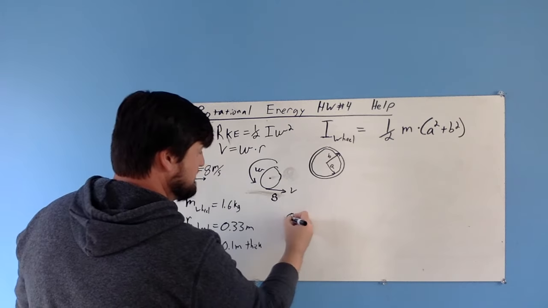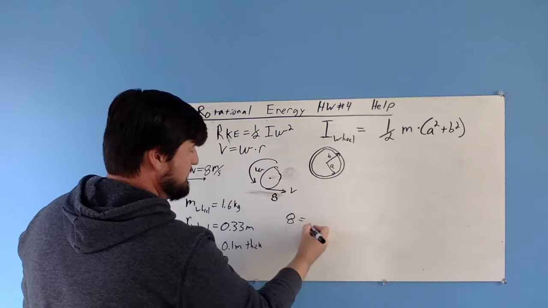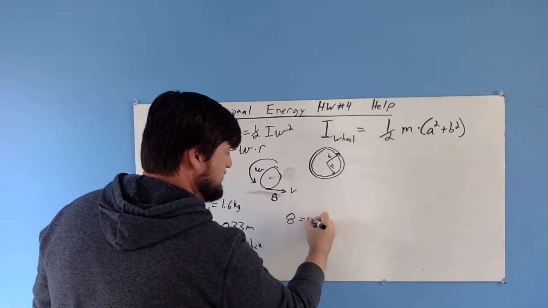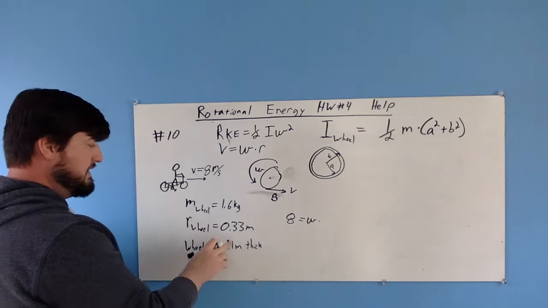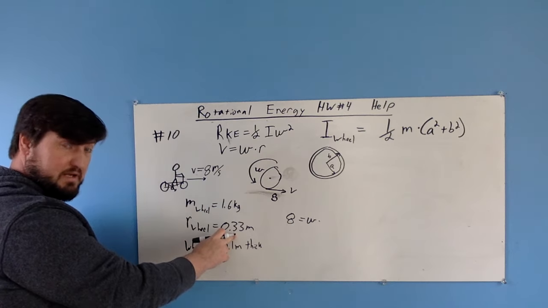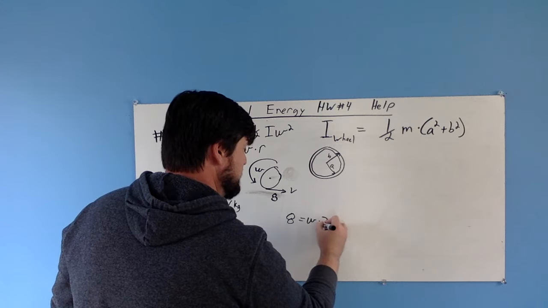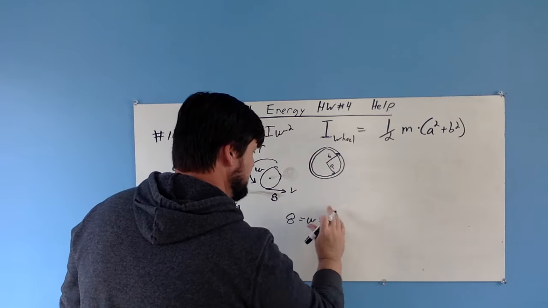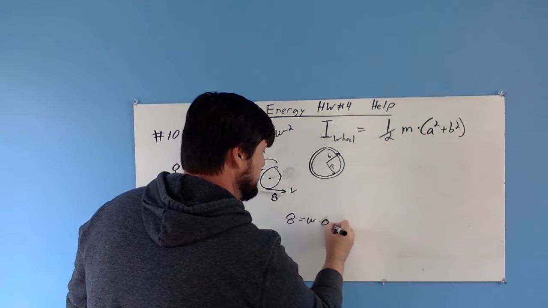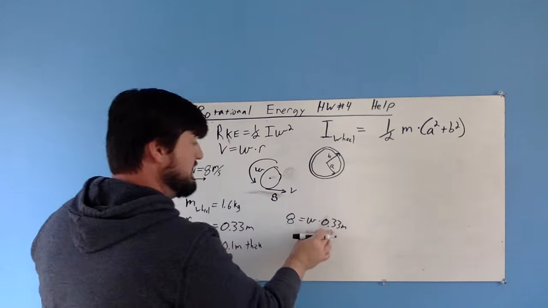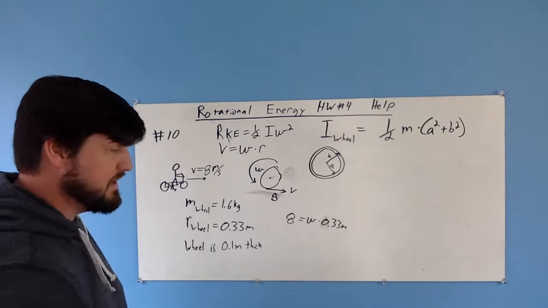So we'll get 8 for our v, okay? Omega, we don't know, we want to find it. And our radius to the outside of the wheel, the part that's making contact with the ground, is 0.33 meters. So now we can rearrange to solve for our omega.